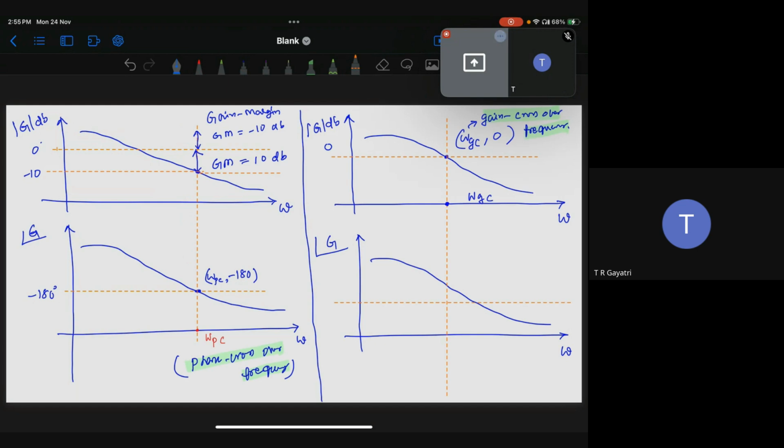We will also consider this 180 degree line somewhere here. Let's see, minus 180. Now we will see how much the angle has deviated from minus 180. That deviation we call the phase margin.